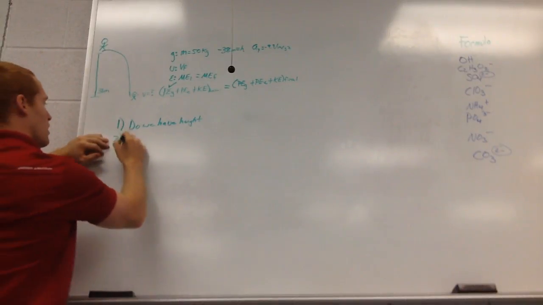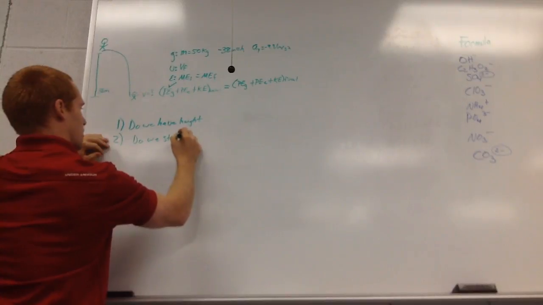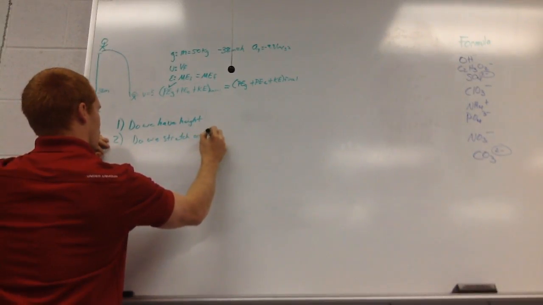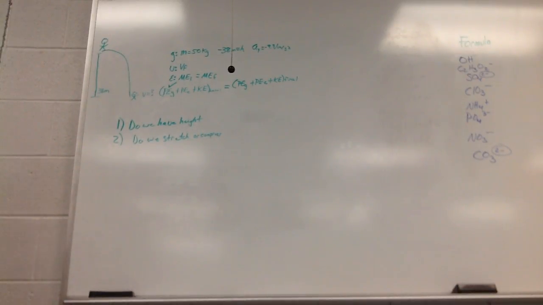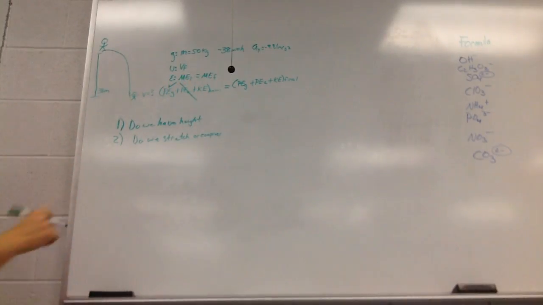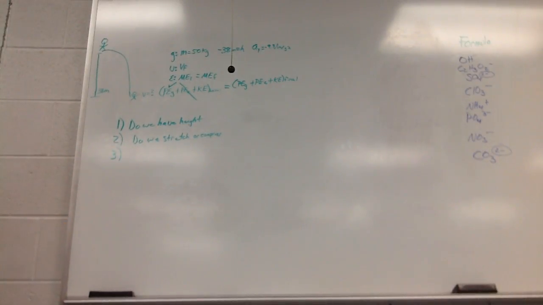Number 2 is, do we stretch or compress? Well, when you go down a slide, you do not stretch or compress. It talks nothing about anything stretching or compressing. So what that means is we completely get rid of potential energy elastic at the beginning. Number 3, the kinetic energy.